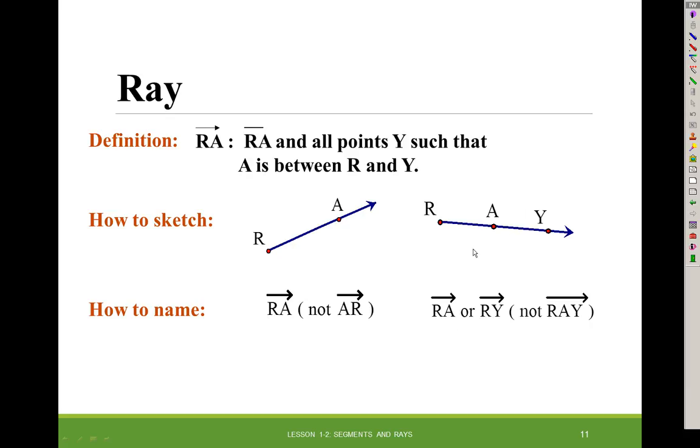This one, you could call it ray RA or ray RY, but not ray RAY. Don't use 3 points. So the first point has to be the end point, and the second point is any other point on it. So this symbol here, you call it ray RA.